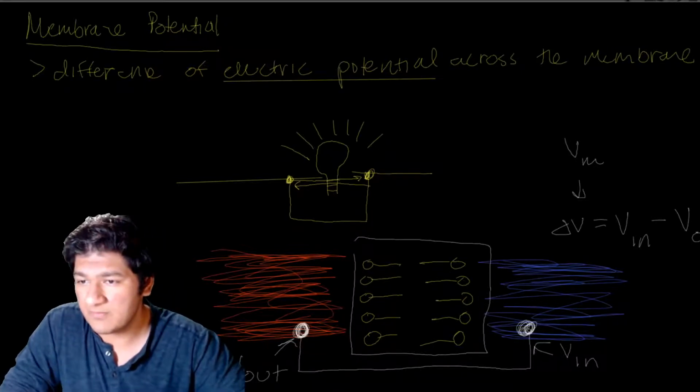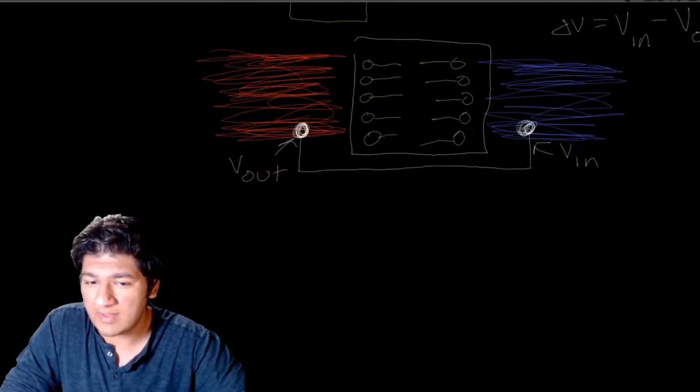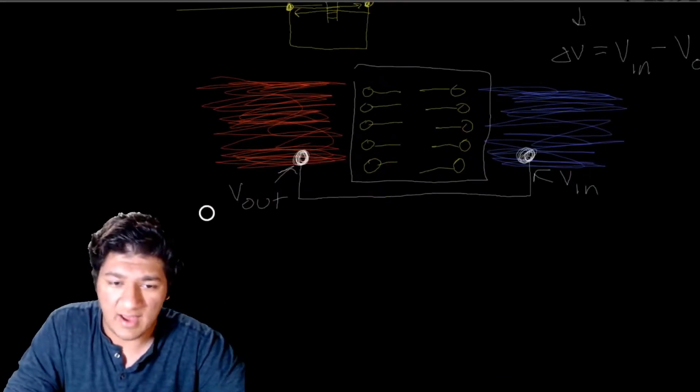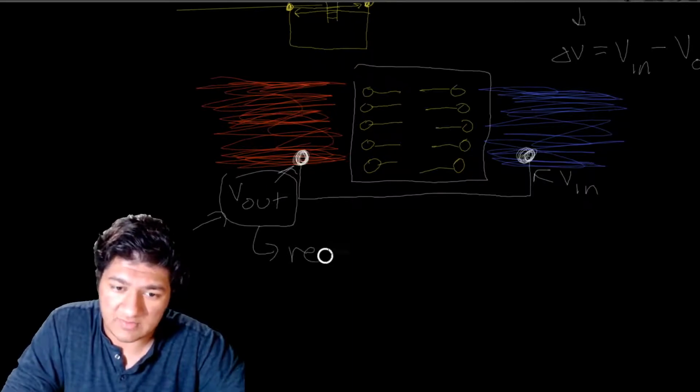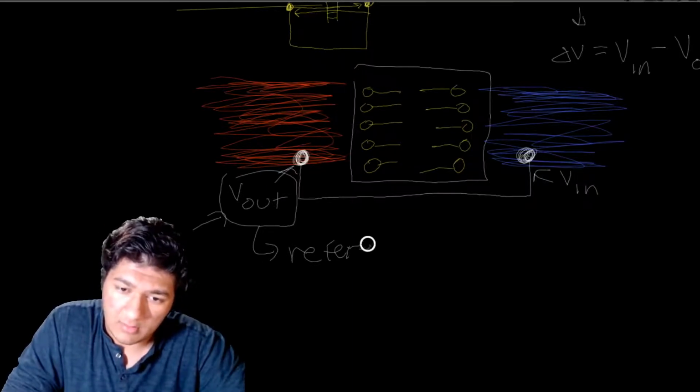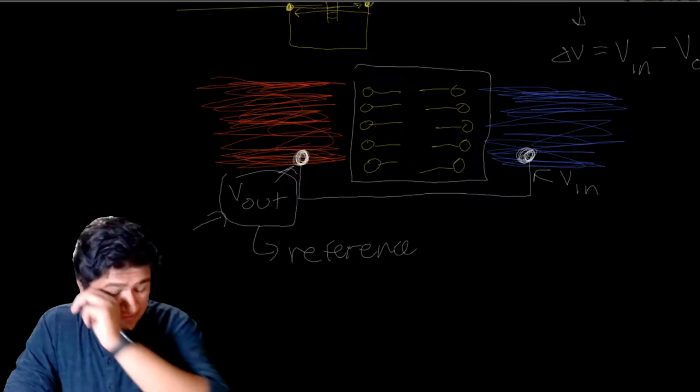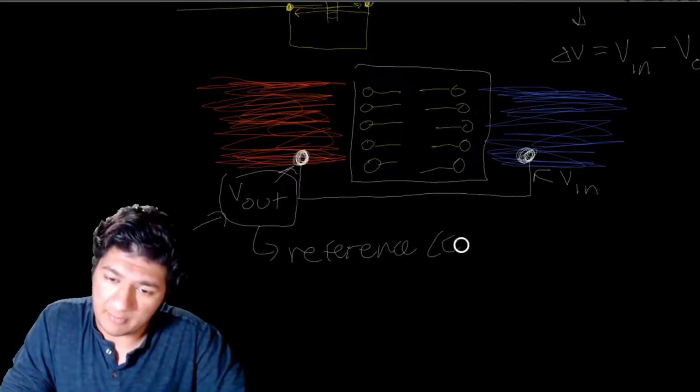As you might have noticed, we're going to take the outside potential to always be our reference point, meaning we will consider this to be our zero or our ground.